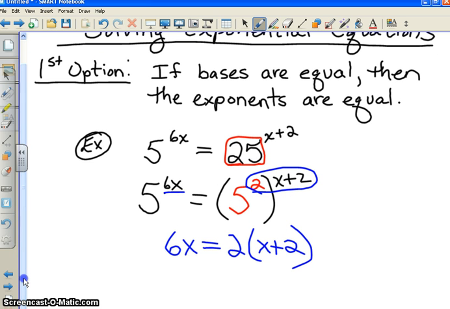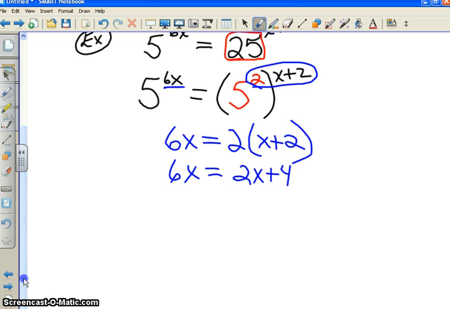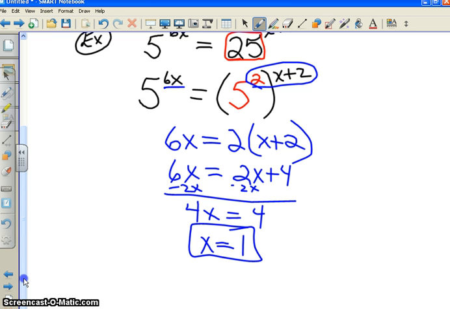And then we get into a little rinky-dink algebra here. Doing the distributive property makes 2x plus 4. Solving for x, I'm going to move my 2x over to the left. And I get 4x equals 4, and x supposedly equals 1.